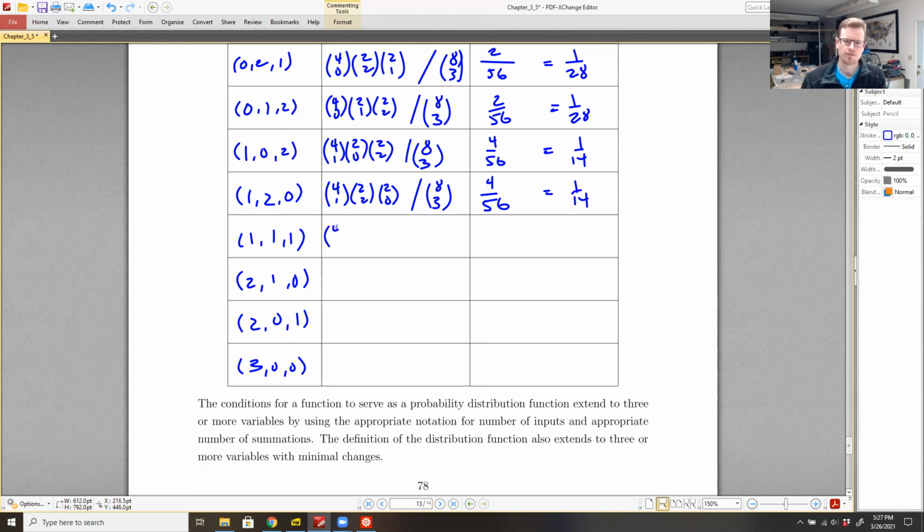Let's see here, 4 choose 1, 2 choose 1, 2 choose 1, divided by 8 choose 3. 4 times 2 times 2 gives us 16 over 56, which would simplify to 2/7.